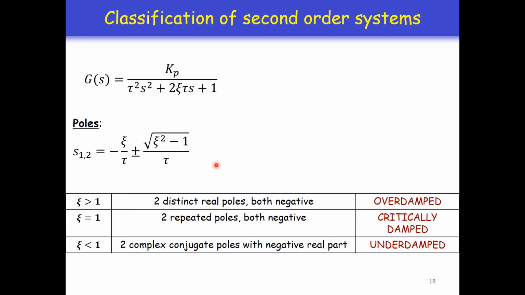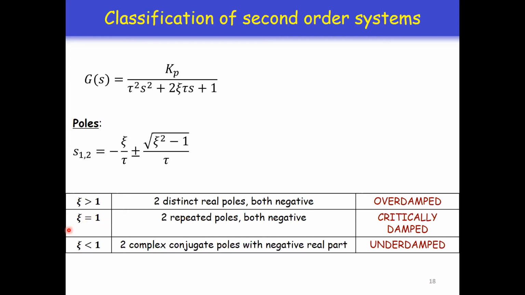So a second order system whose poles are real and distinct is called overdamped. Let's consider now a limiting case where Xi, or psi, you can call it as you wish, is equal to 1. If Xi is equal to 1, what happens?